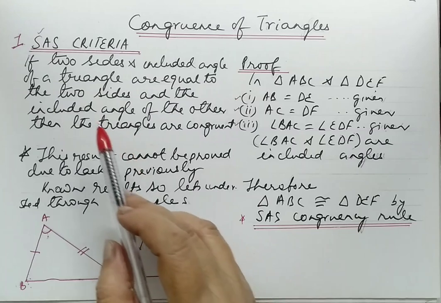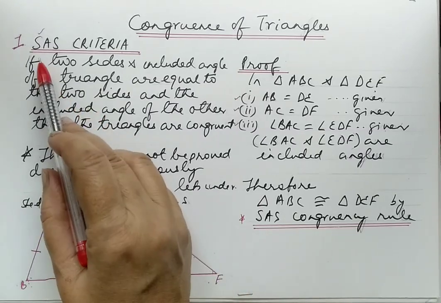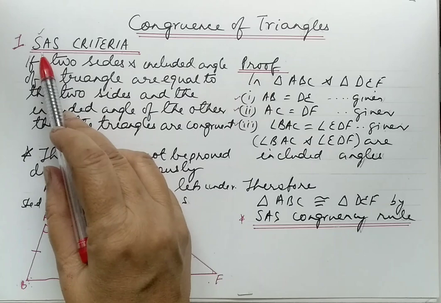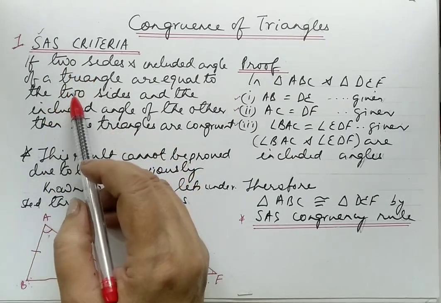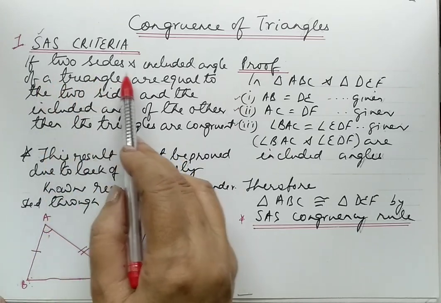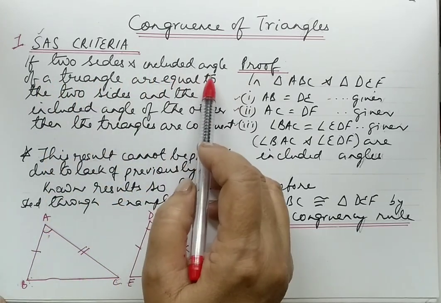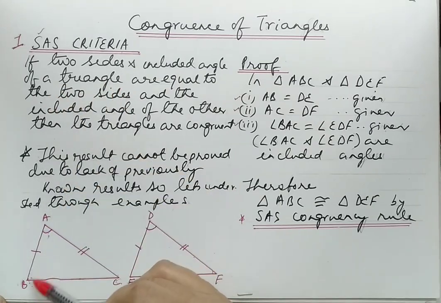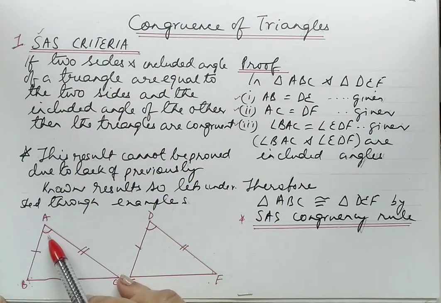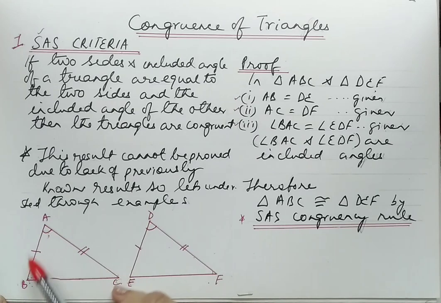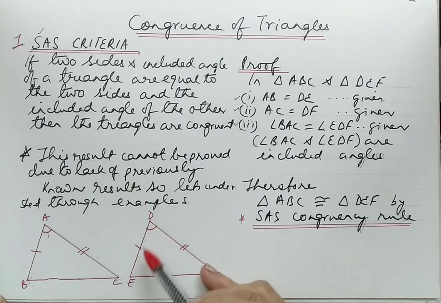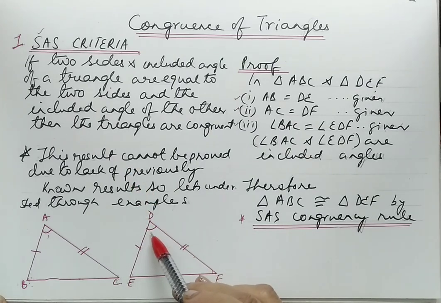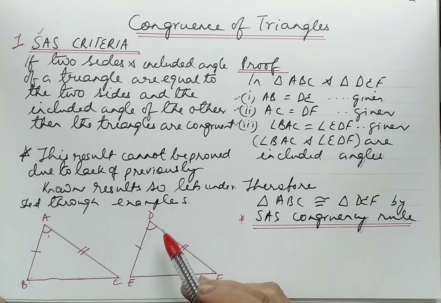The first criterion that we have before us is SAS, as in side, angle and side. This means that if two sides and the included angle of a triangle are equal to the two sides and the included angle of the other, then the triangles are congruent.